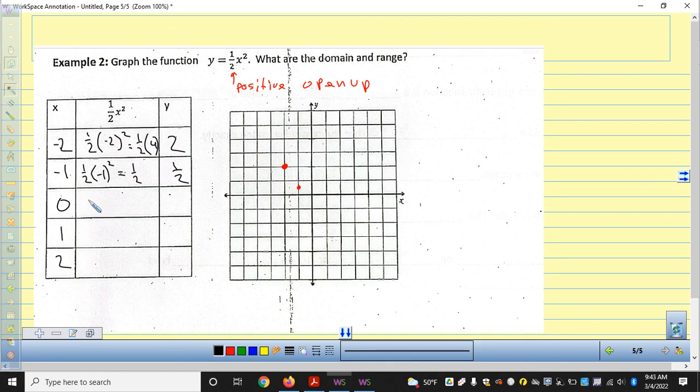Plug in 0: 1/2 of 0 squared. 0 squared is 0, times 1/2 is 0. So we get a point at 0, 0. Now we'll plug in +1: 1/2 of 1 squared. 1 squared is 1, and 1/2 of 1 is 1/2. So we get a point at 1, 1/2.